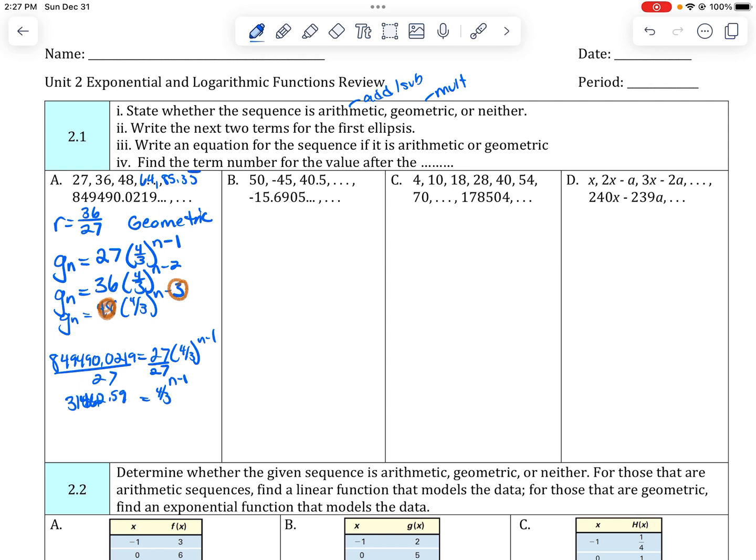And now what do we have to do? We have to take log base 4/3, because then we just have n minus 1 on this side.